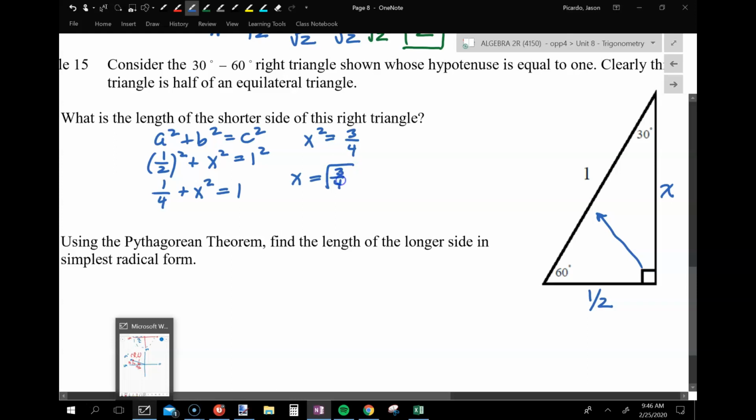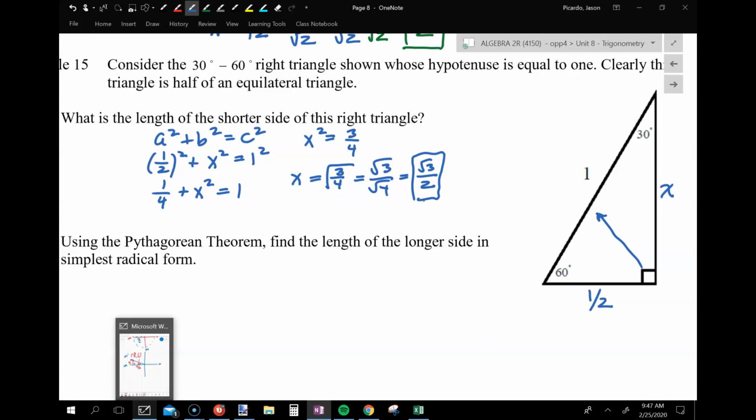Radical 3/4, which I can now make radical 3 over radical 4. This is the nice one because what's the square root of 4? So the missing side is radical 3 over 2. I put that in the wrong spot. Sorry. I should have put that in the part below.